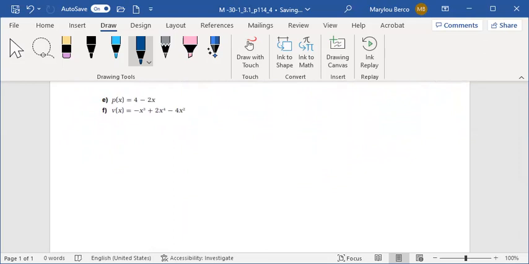Graphing p of x equals 4 minus 2x. Just to rewrite this so that it's in descending powers, p of x equals negative 2x plus 4. So this function is linear. It's of degree 1. It's an odd degree polynomial function. It has one x-intercept.